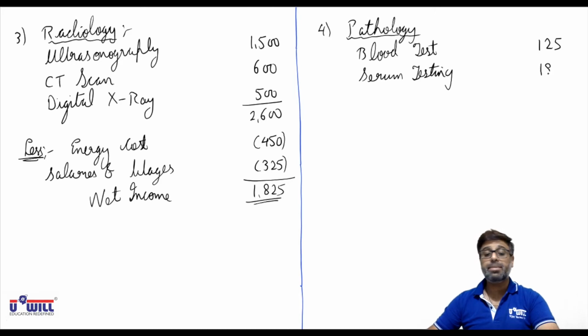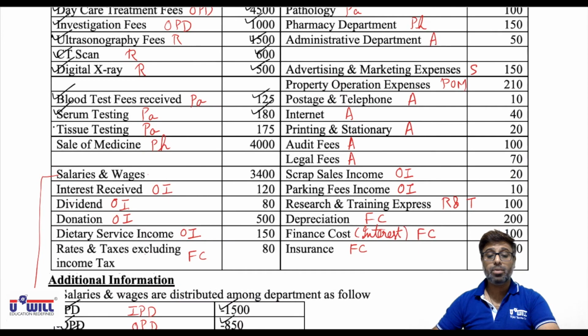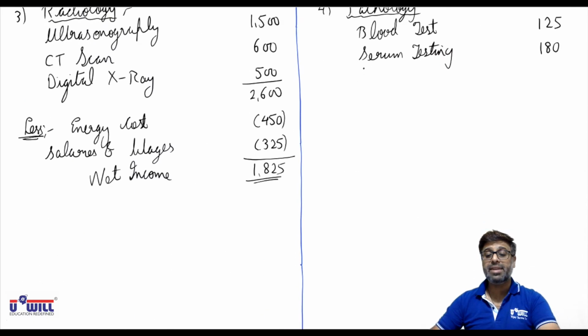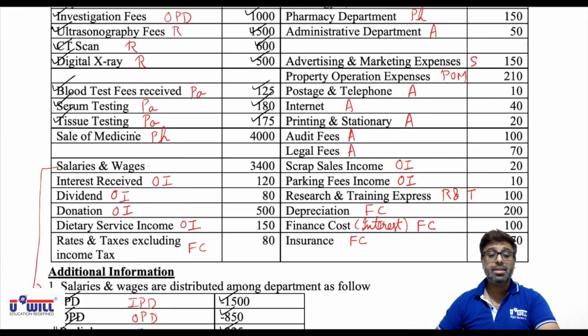Then after serum testing we have tissue testing 175. That's it, three incomes of pathology are only there.